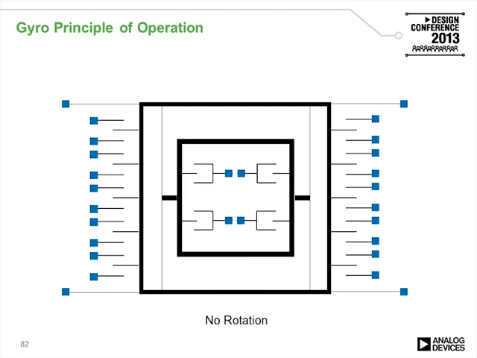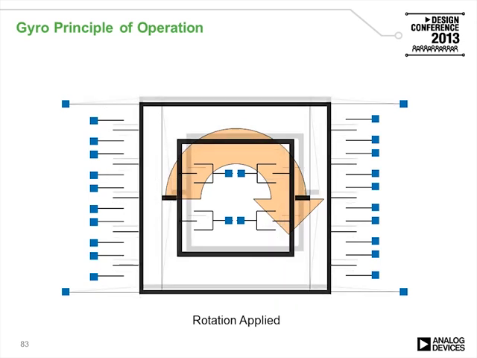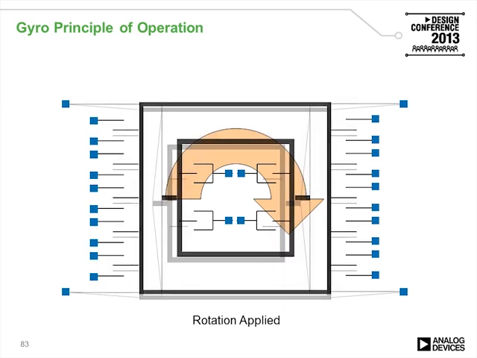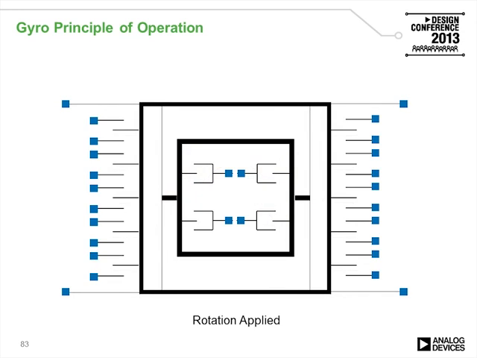With no rotation, the mass just sits there and moves back and forth all the time. As soon as you apply rotation, in addition to moving back and forth, the mass also moves up and down. And that up and down motion is what we can measure using the fingers.